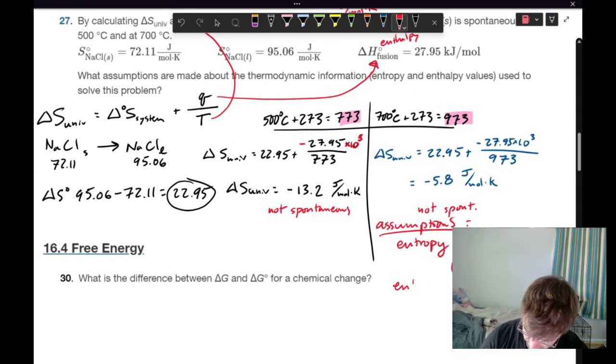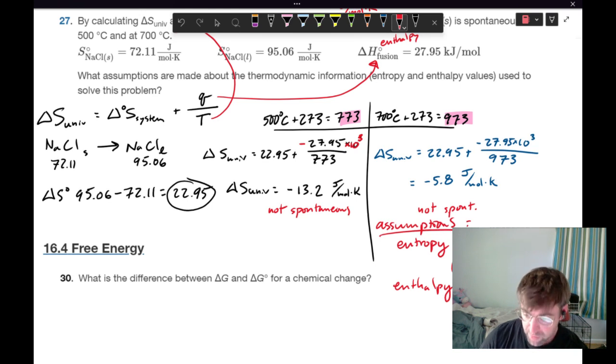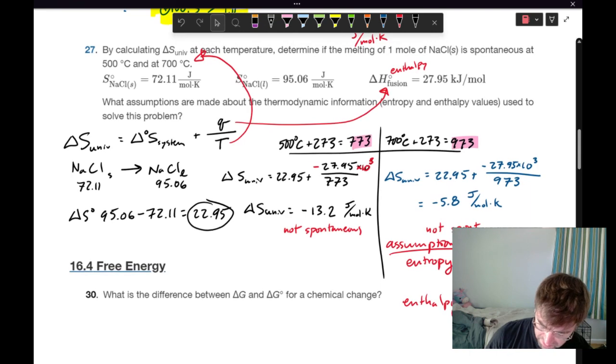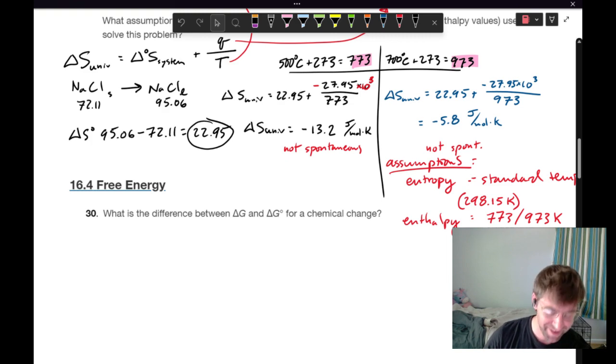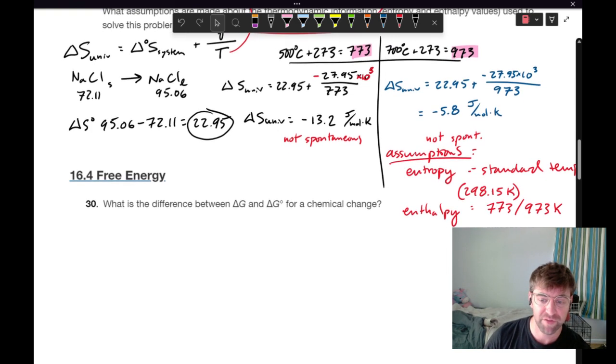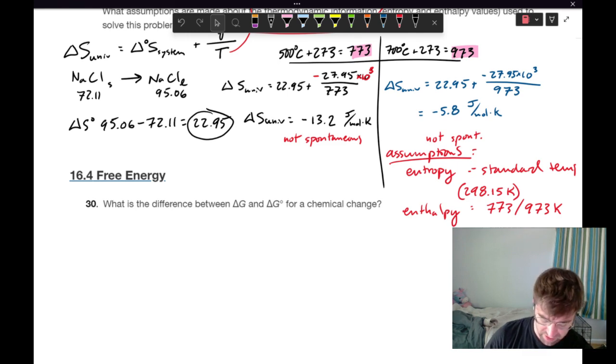And for the enthalpy value, we were working in non-standard temperatures. And we're making the assumption that using those standard entropy values, the difference would not be significant enough to impact this calculation. So the enthalpy at non-standard conditions is what was useful to us here.